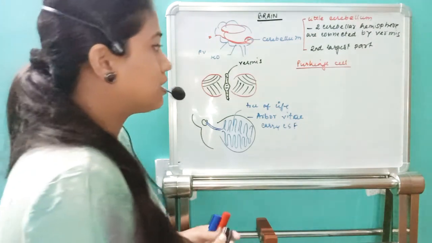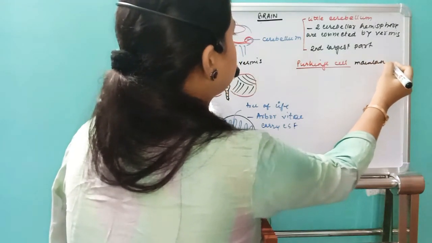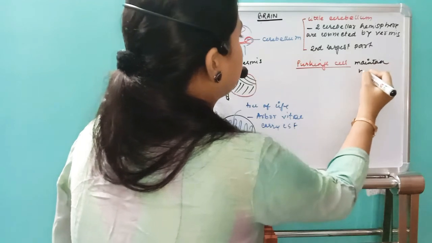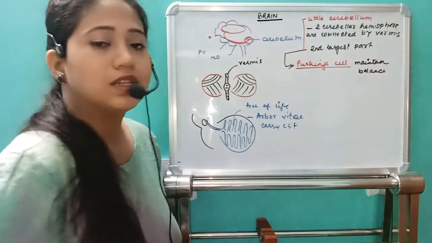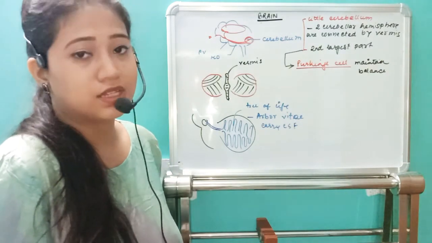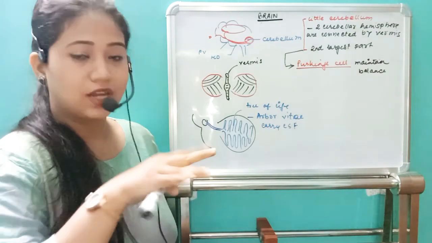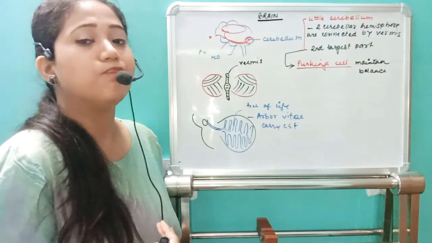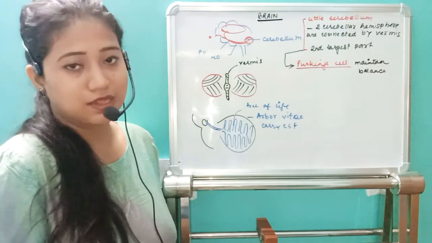They specifically maintain balance. So this cerebellum, which has these Purkinje cells, maintains our state of equilibrium. That means how are we able to stand without falling? That is controlled by the Purkinje cells.